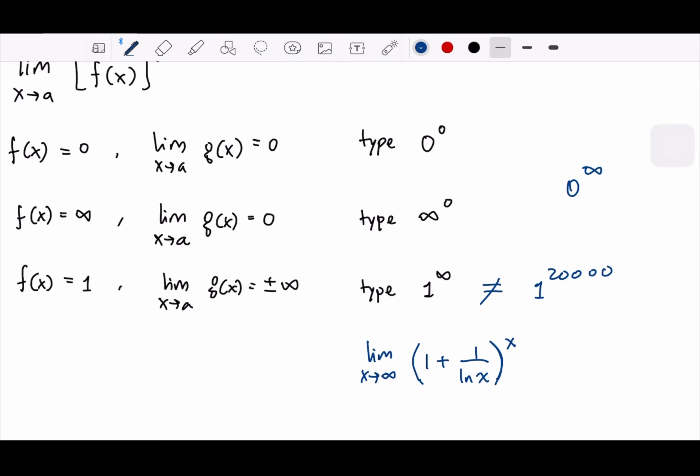But do they exist? They exist, but they are not indeterminate. So this is 1 exception. We will see after some time today what this form means.